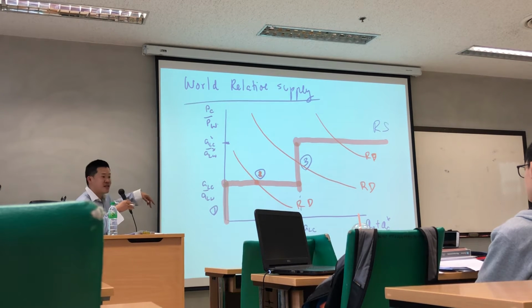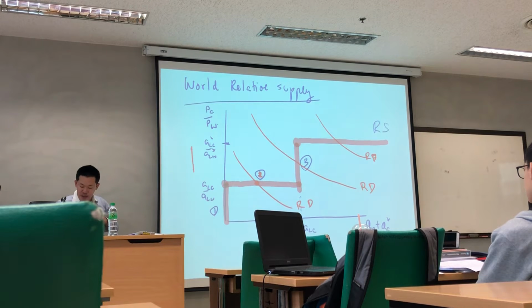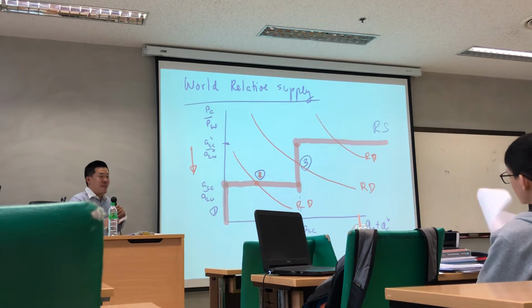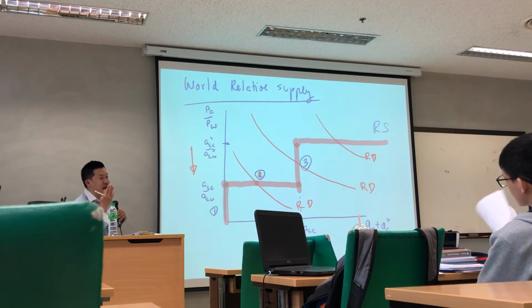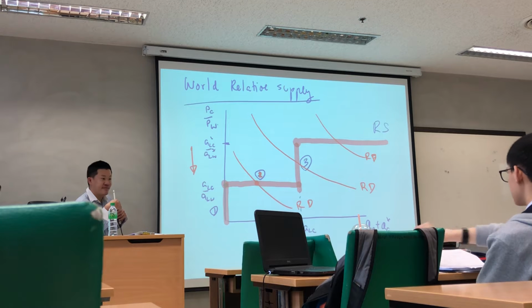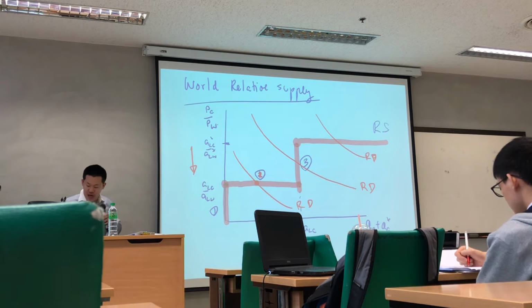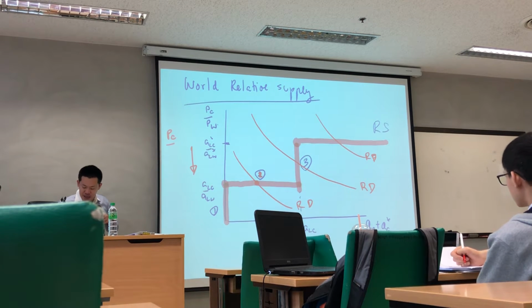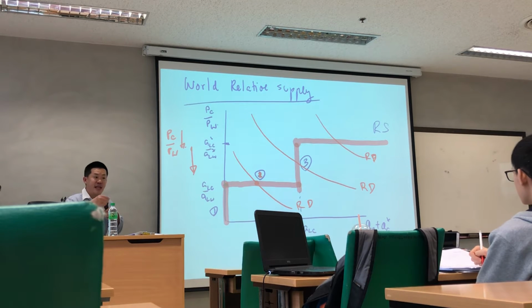But for foreign, what happens? The relative price of foreign decreases. It means relative price PC over PW decreases. What does it mean?